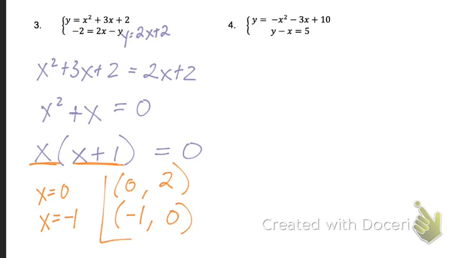So when I did this the first time, I did x squared plus x plus 1 because I thought, but then I got the same answer at the end. X squared plus x plus 1. But I got 0, 2 and -1, 0. But if you had plus 1 at the end, then that wouldn't factor to look like this. Well, no, it wouldn't factor like that, but it would make the same answer.